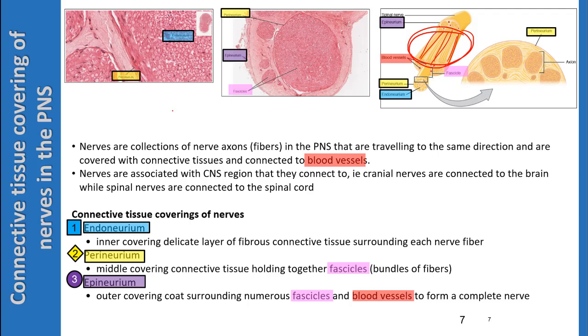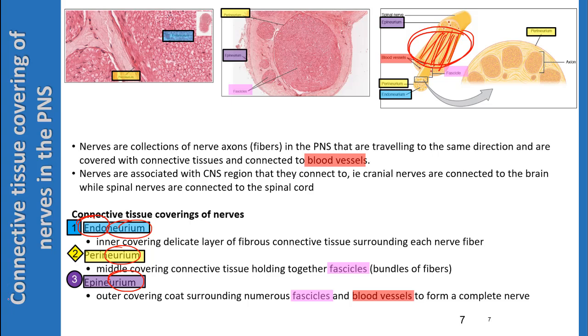The first connective tissue covering of the nerve is called the endoneurium. Neurium refers to nerves, and the first part refers to its location. So the endo is inside. This is the inner covering, most delicate, that covers each nerve axon. Each of these axons over here has an endoneurium covering it.